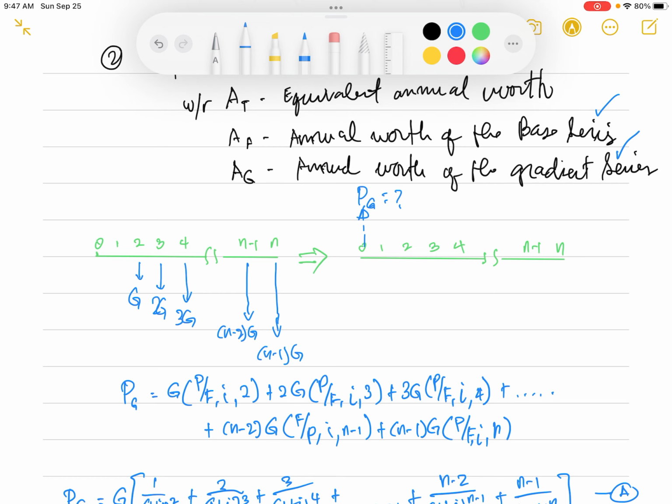So recall our cash flow diagram for the gradient alone, right?